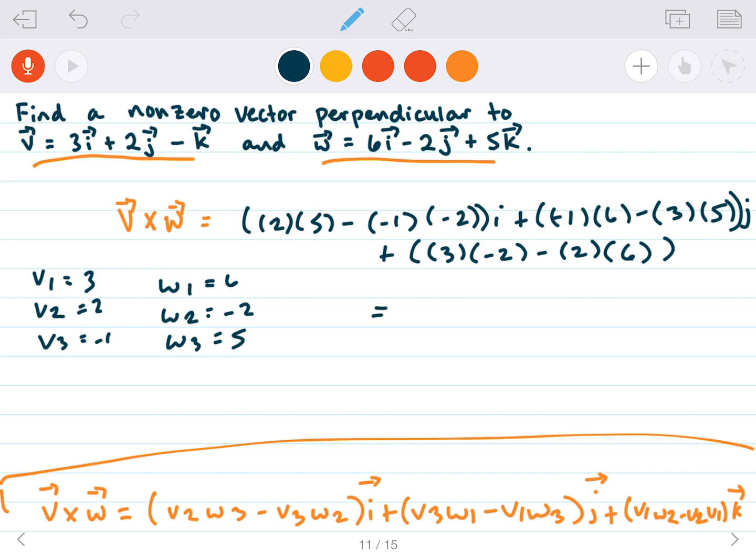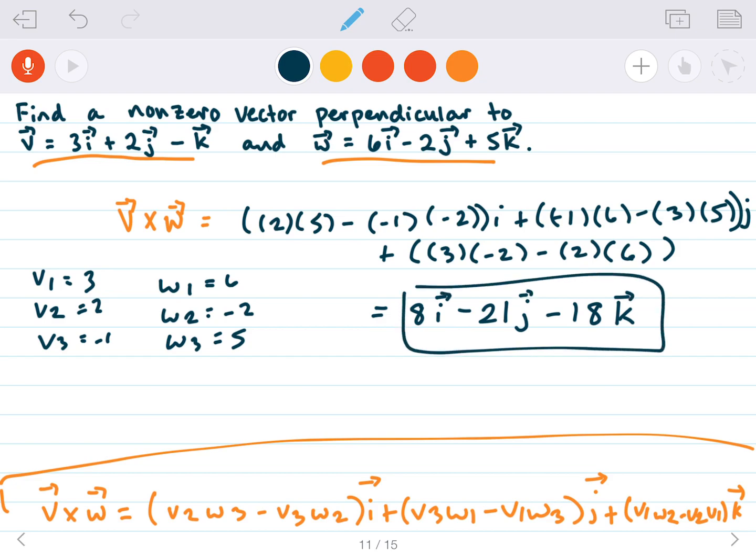Okay, so let's go ahead and clean that up. So we have 10 and 2. Wait, did I do something wrong here? 10 and 2. No, that's 10 minus 2, sorry. That should give us 8. And then we have -6 minus 15, -21j. -6 minus 12 is -18k. Okay, so this right here is a non-zero vector that is both perpendicular to v and also perpendicular to w.